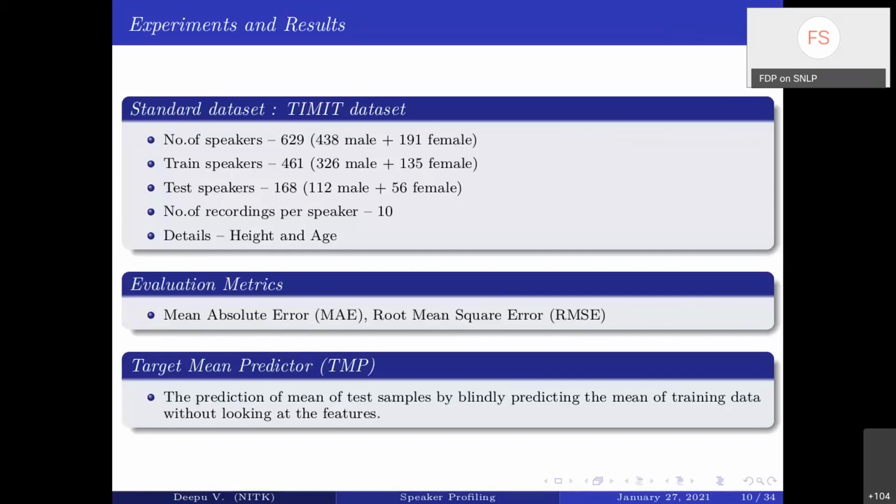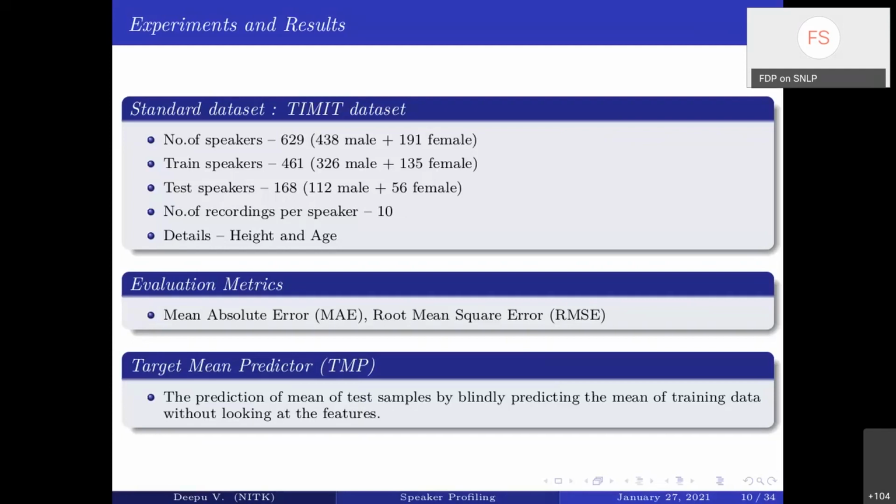If you predict randomly, with two classes, cat versus dog, 50% of the time you may be right. So that 50% is your default predictor. Similarly, we need to have an idea about what is the default mean absolute error or default root mean square error that we can get.